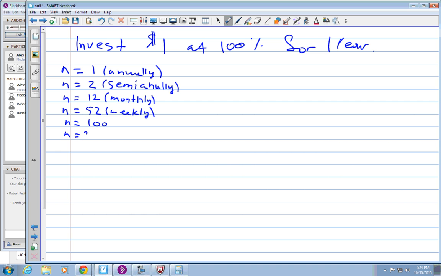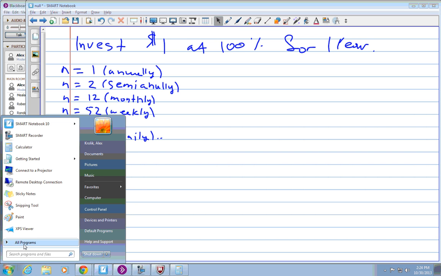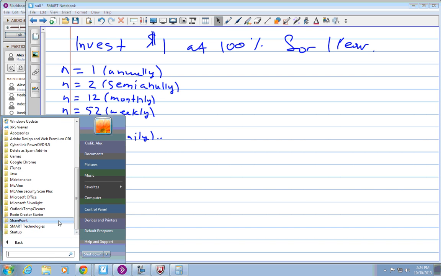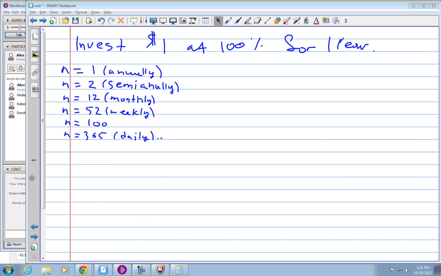Then we can do n equals 365, so that's daily. I'm going to use Excel at this point. I'm just changing one number, okay? Now see what will happen. I'm doing the same computation, $1, 100% for 1 year. I'm just going to compound it differently.